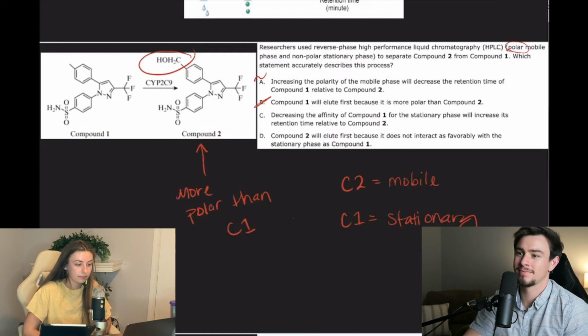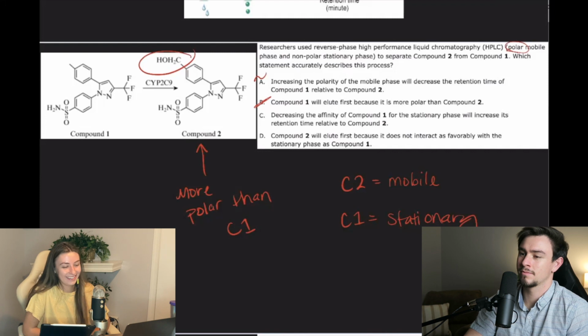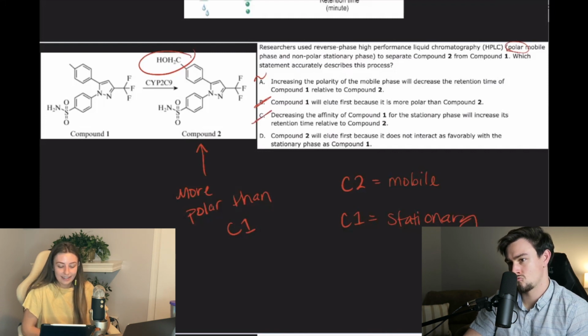No, because retention time would be how long it stays in the stationary phase. And so if you decrease the affinity of compound 1 for the stationary phase, it's not going to stick with the stationary phase for a longer amount of time. So I don't really like that one.